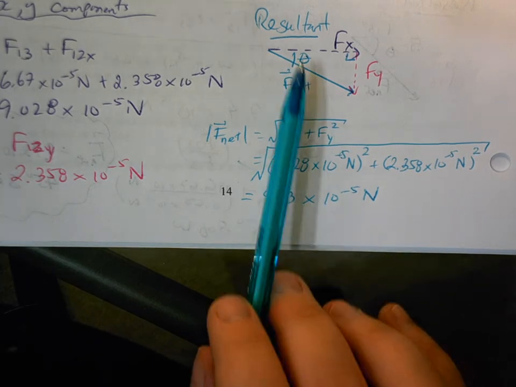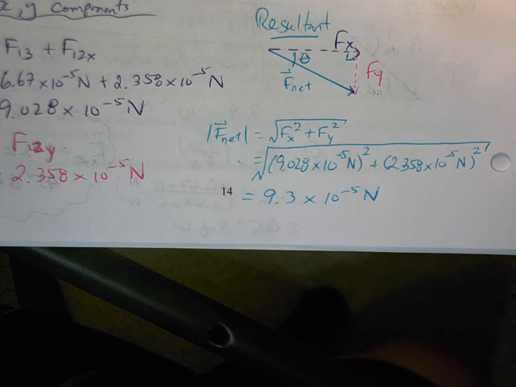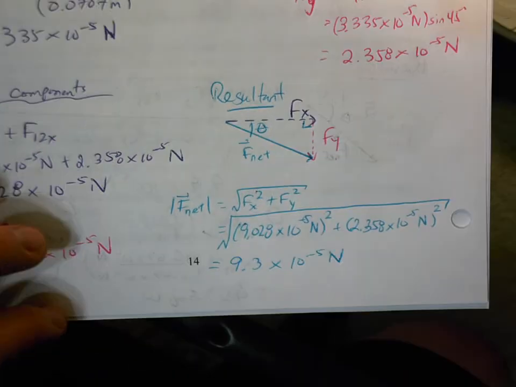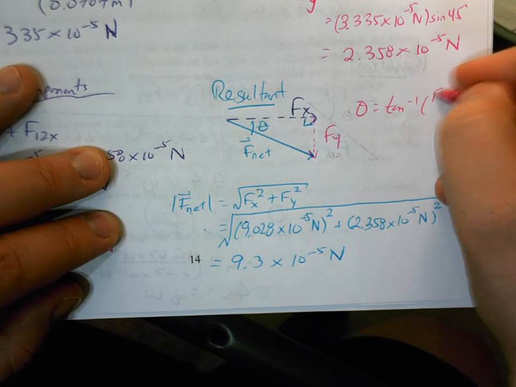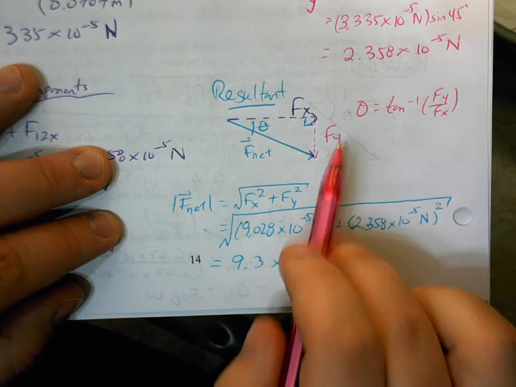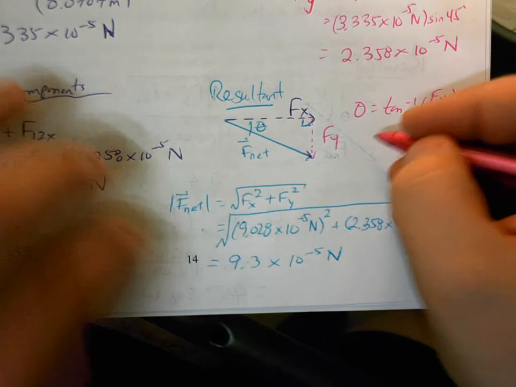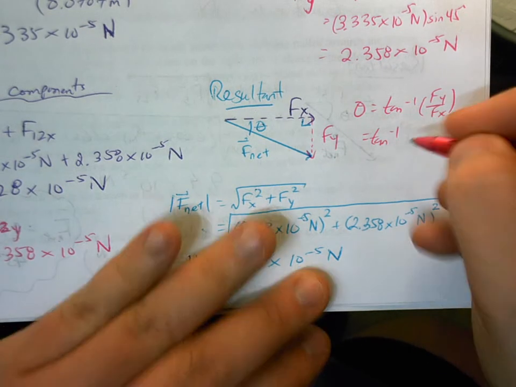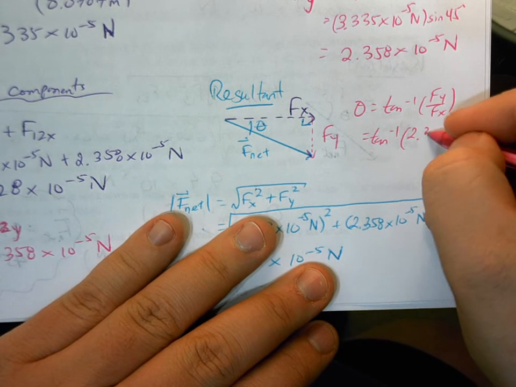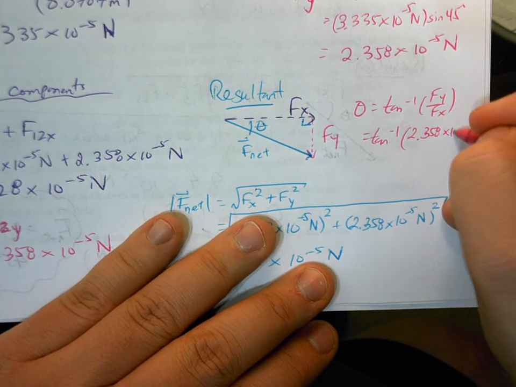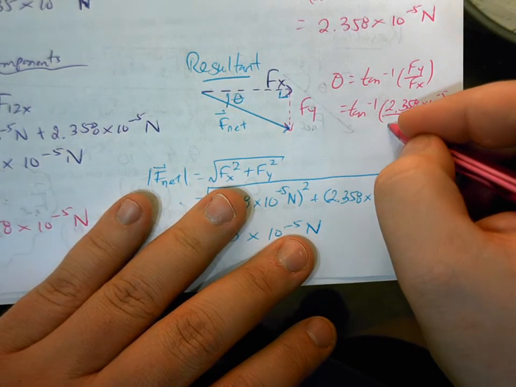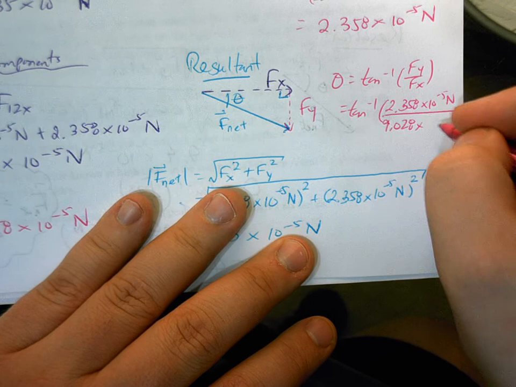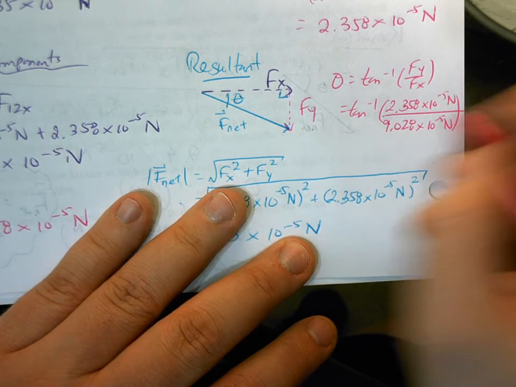Last thing, we want to find the angle, like how far south of east this is acting. So to find the angle, I'm going to use the inverse tangent of Fy over Fx. So these are not the same, so we can't say it's 45 degrees. So Fy is going to be that 2.358 times 10 to the minus 5 newtons, and we're going to divide that by this 9.028 times 10 to the minus 5 newtons.